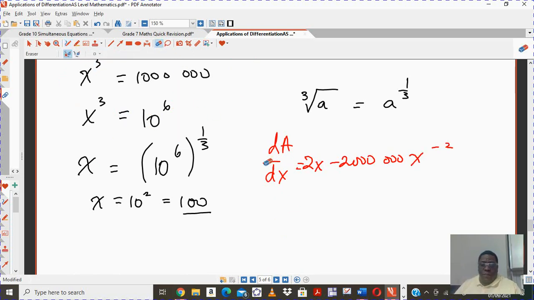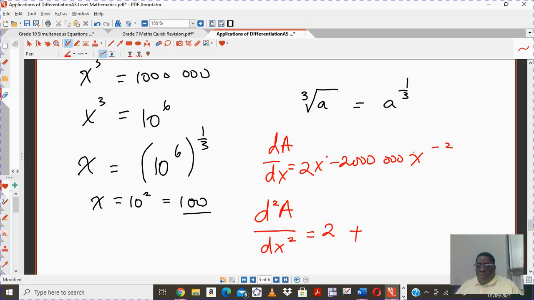Okay? Just write that down. So when you do the second derivative, you're going to have, remember, that's going to be 2. And then that times that gives you positive 4 million x raised to the power of negative 3.